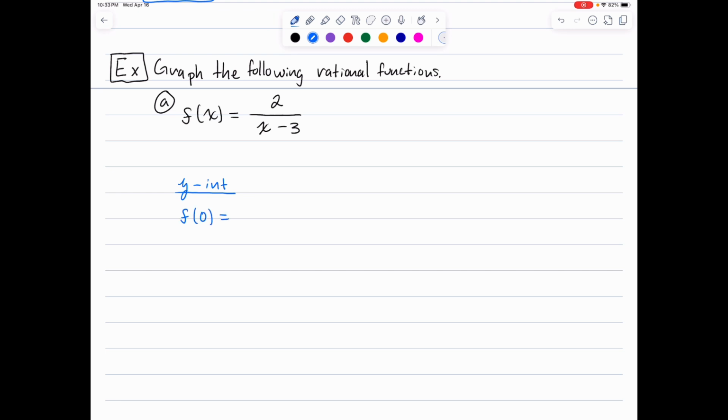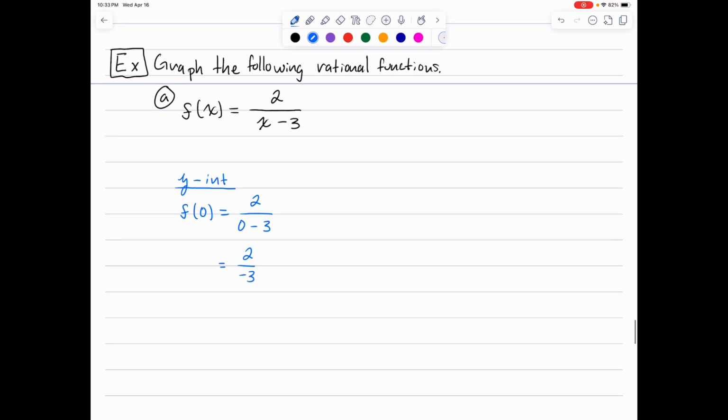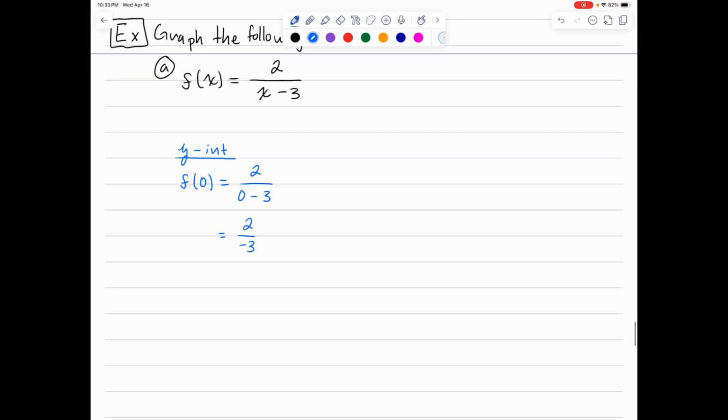So f of 0 is just going to be 2 over 0 minus 3, which is the same as 2 over negative 3, so negative 2/3. That means I'm going to have the point 0, negative 2/3 as my y-intercept. Okay, so now let's try our x-intercepts.